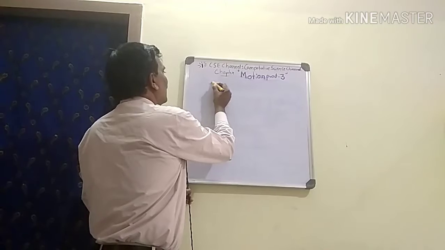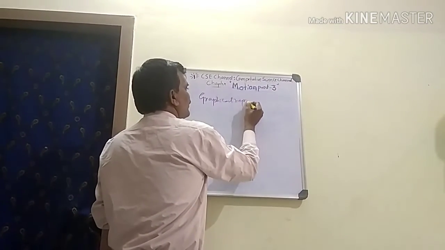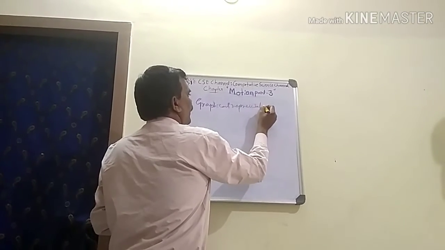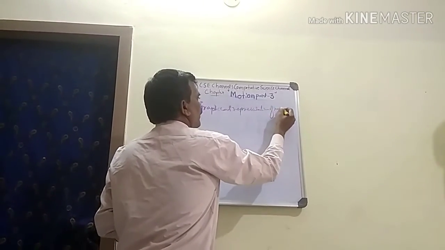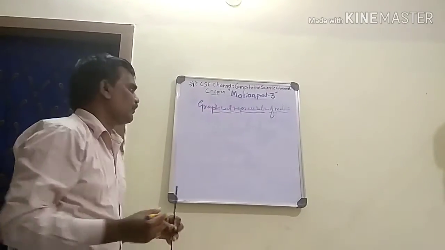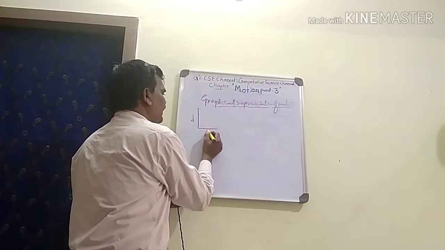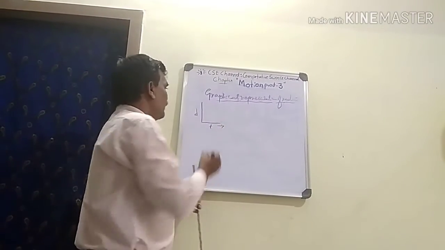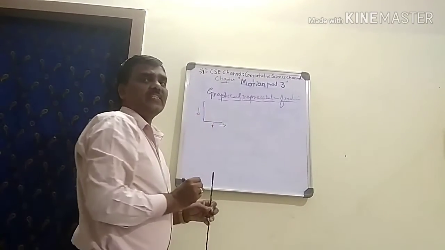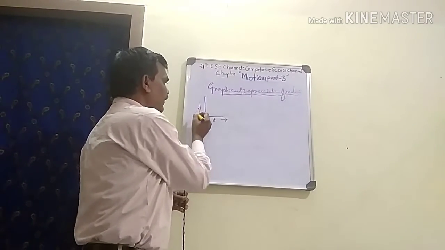Now some graphical representation of motion we can discuss. If in the graph the x-axis is taken as time and the y-axis is taken as distance, it can be called d or s.